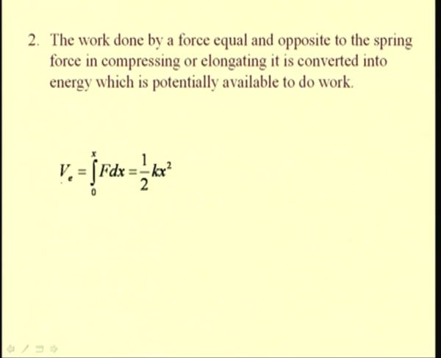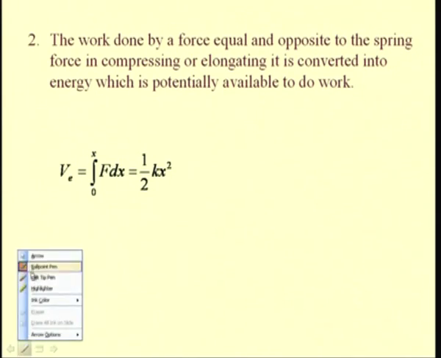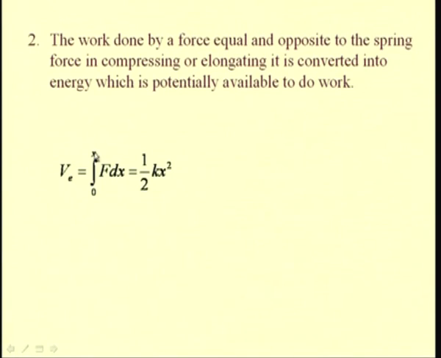So, again we write this potential energy VE as the total work done by this force F in displacing. So, F dx is the work done from the undeformed position which corresponds to this 0 and to any particular position x, which is equal to half k x square.